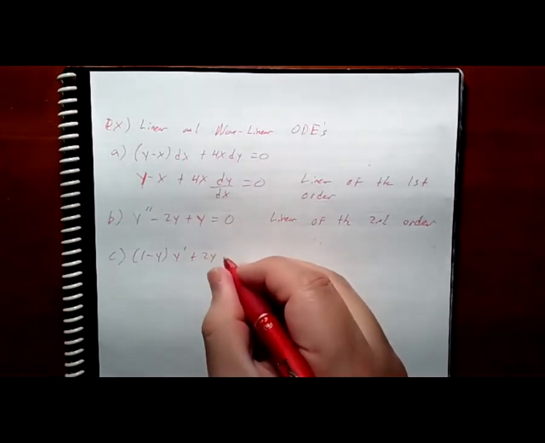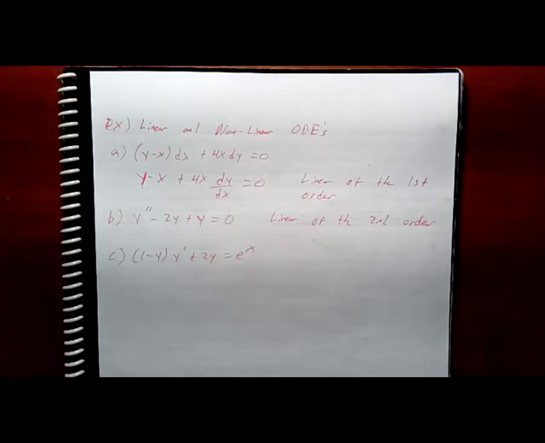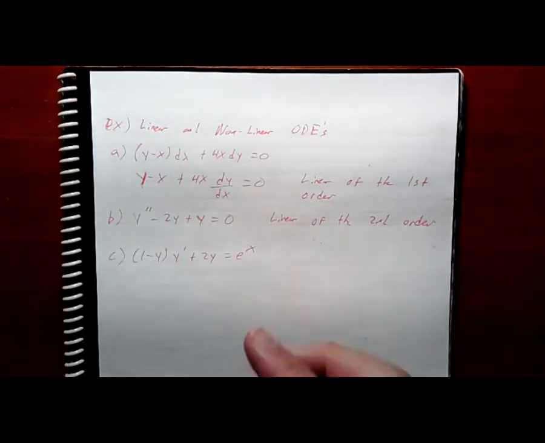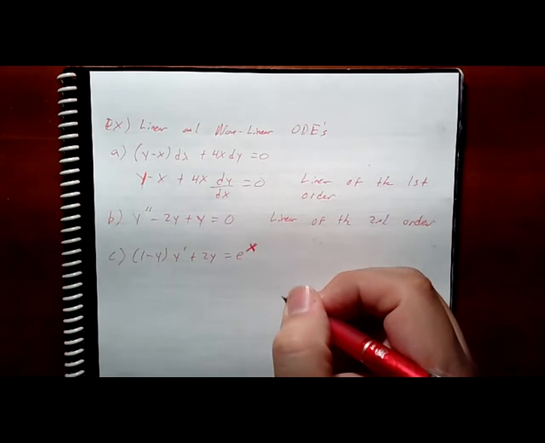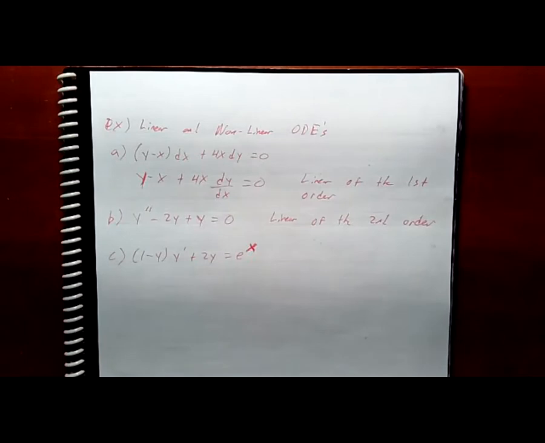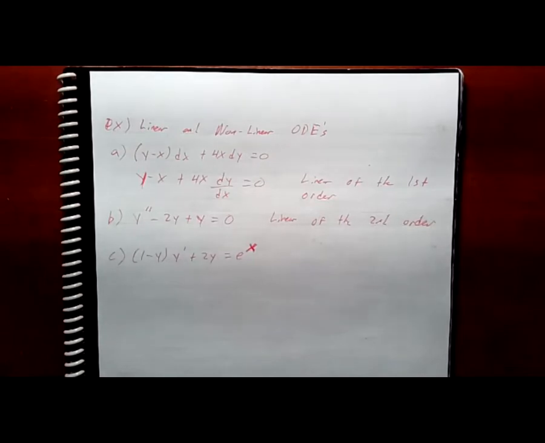Is this linear, and what is the order? It's non-linear, or not linear.